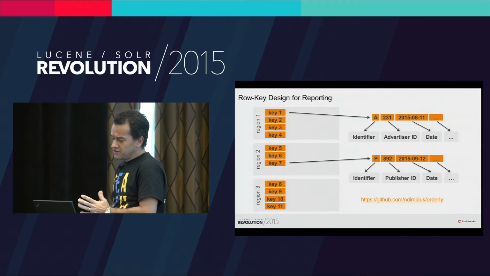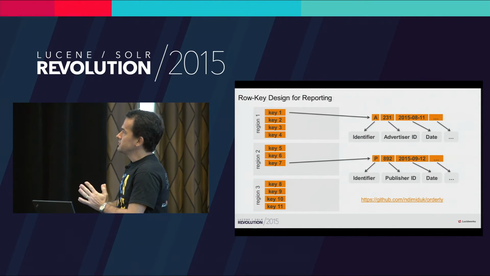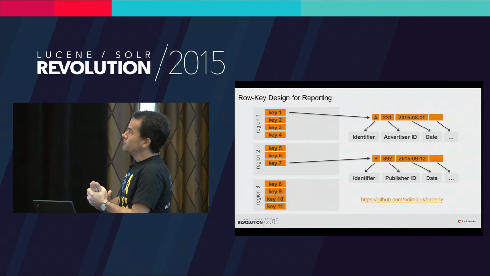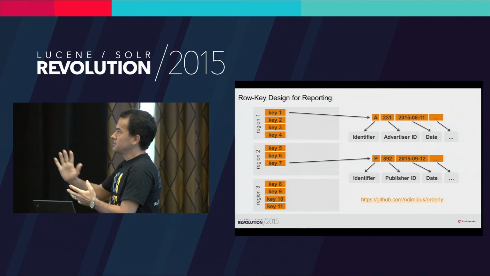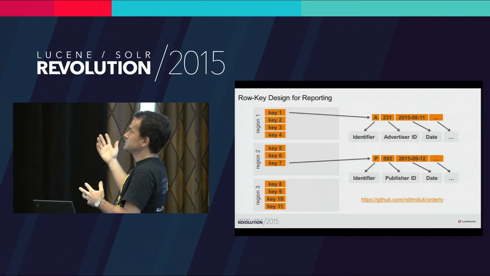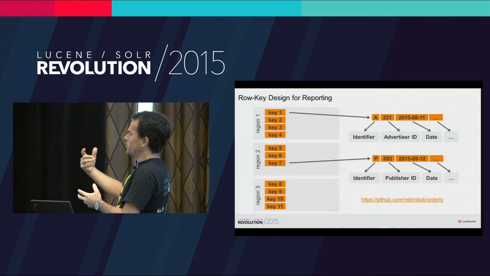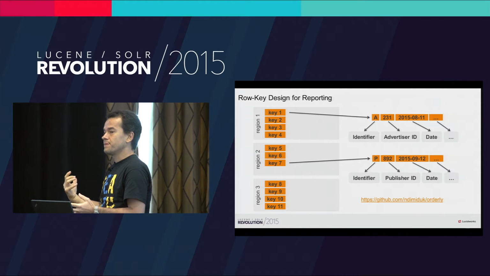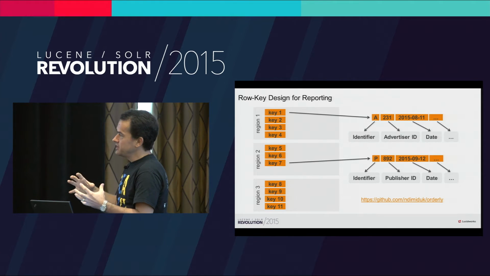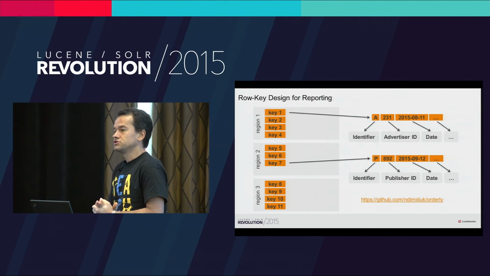In this case, for example, I showed 2 composite row keys, where in the first component I have the so-called identifier, then comes, for example, advertiser ID, date, and so on, and that identifier says more or less how you should interpret the further components. And from those different components, we are building the row key by using Orderly as an open source library.